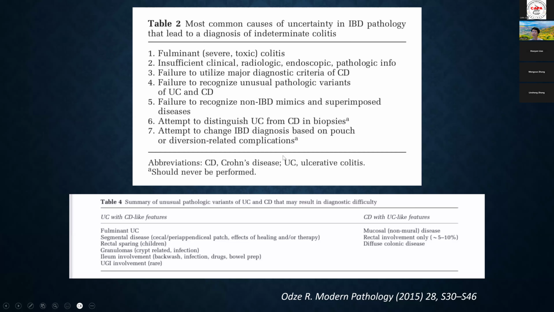The reasons we can't make a diagnosis of Crohn's or UC, we have already mentioned, and Dr. Odze had a very nice review article about indeterminate colitis in Modern Pathology. Basically, because of the features we have talked about, UC may look like Crohn's, and Crohn's may look like UC, so we can't determine which it is, at least at this moment. Later on, the disease may develop, and then we can further characterize it into one or the other category.